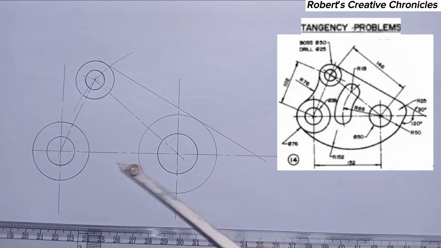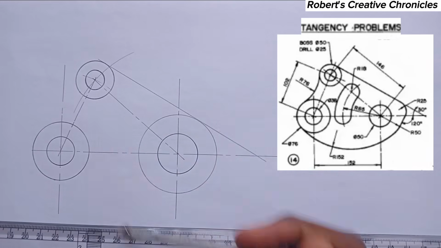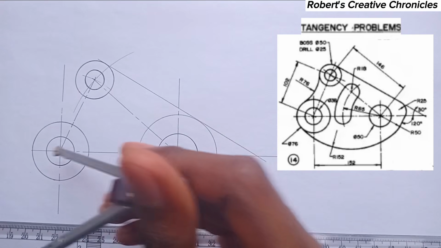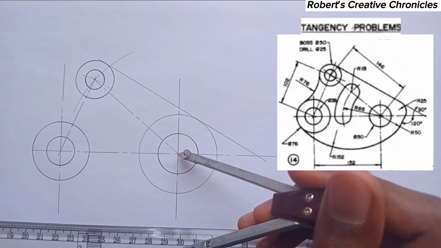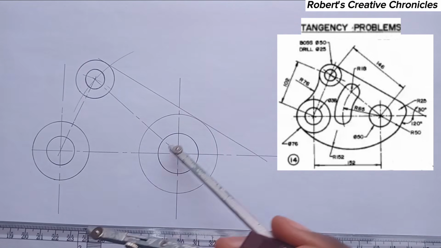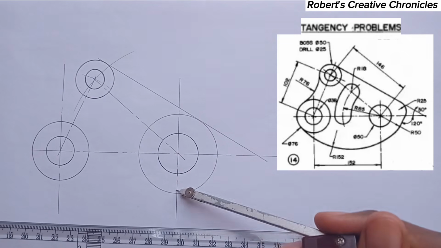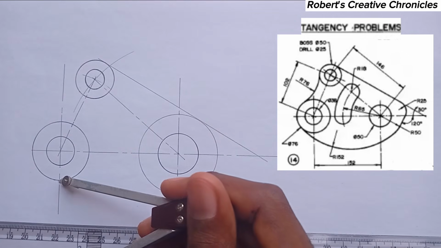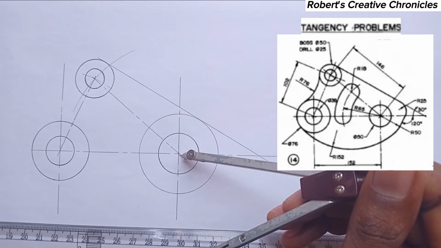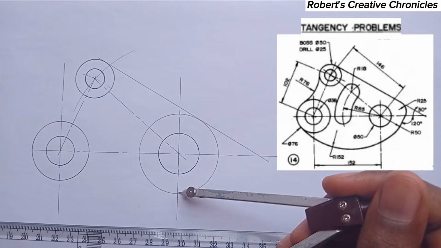So now to get this 76 radius here, we will mark from the center of these circles. And to mark from the center of these circles, we have to minus the distance here and the distance here. So since we are going to mark 76 here, we'll get the radius of this big one.